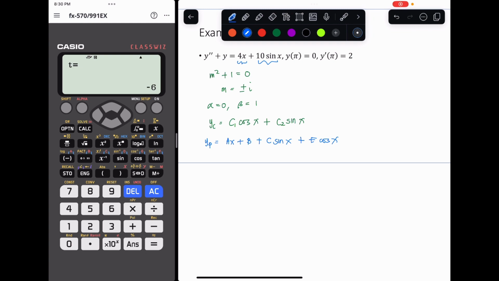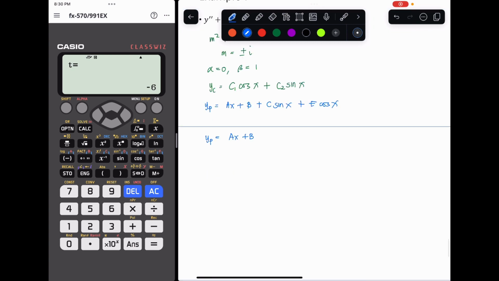So that's why we need to multiply by x, giving us ax plus b plus cx sine x plus ex cosine x. That's our trial particular solution, modified against the complementary solution yc.